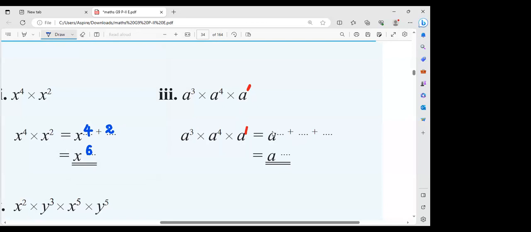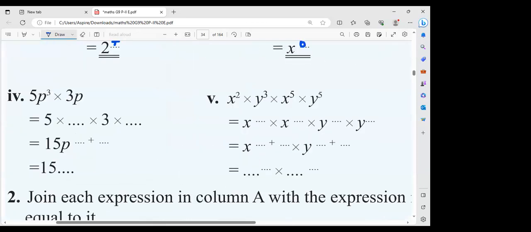So 3, 4, 1. The answer is 8. Okay, then continue with the 4 and 5 also.